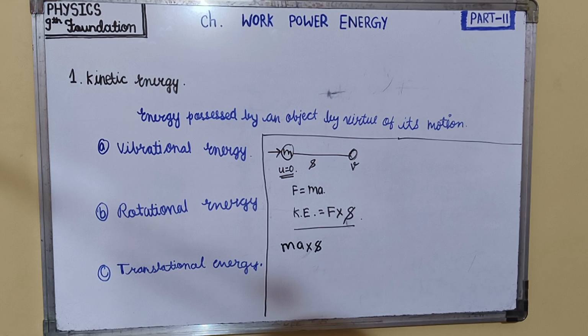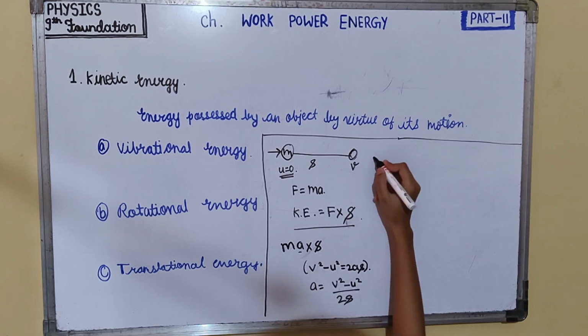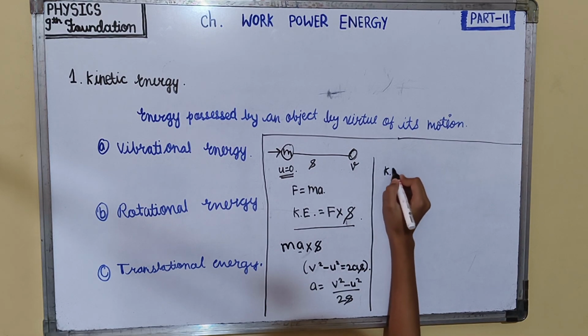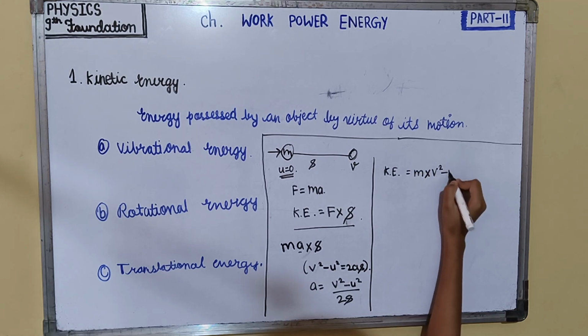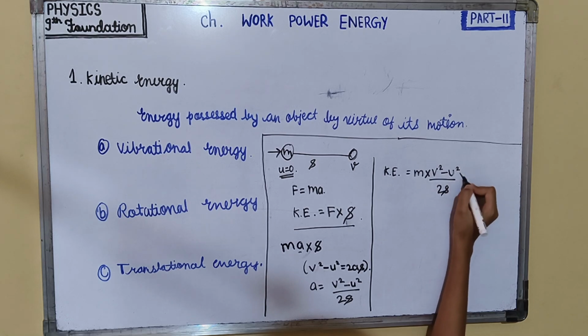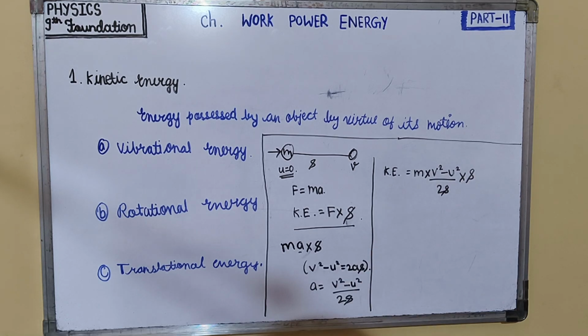According to the kinematics formula, v square minus u square is equal to 2as, which means a is equal to (v square minus u square) upon 2s. Now the kinetic energy would be equal to mass into acceleration, that is (v square minus u square) upon 2s, into s.